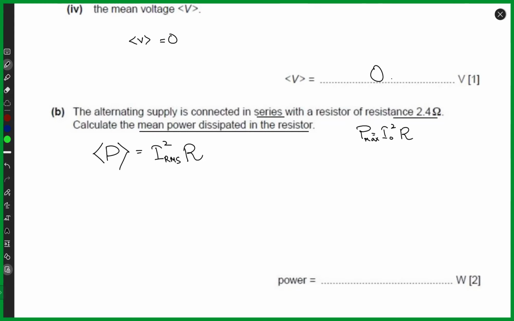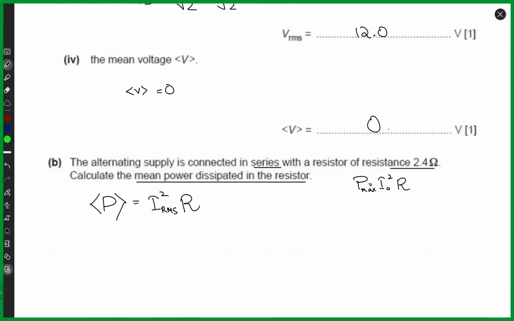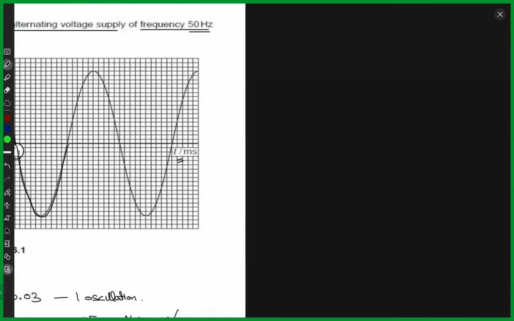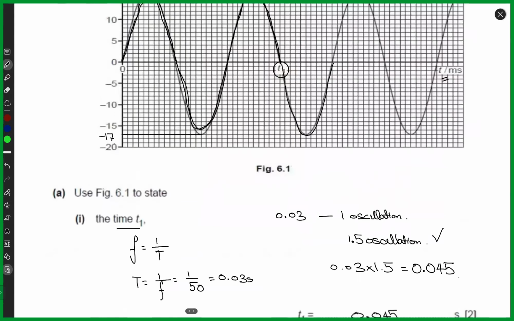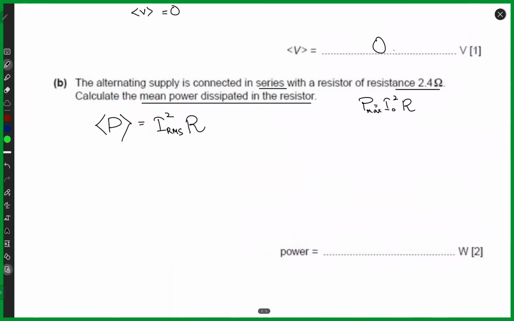If you go over here, the peak voltage is 17 volts, right? So what I can do is say that I r.m.s is equal to I naught over root 2.